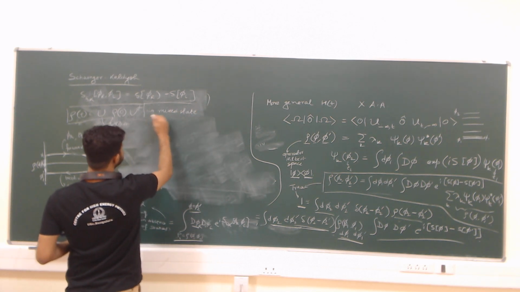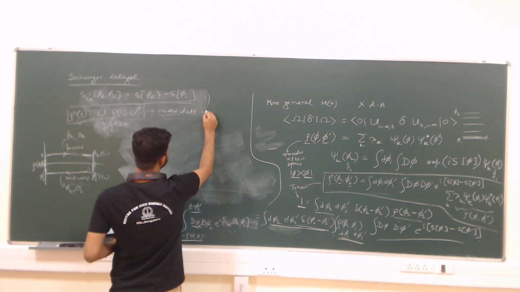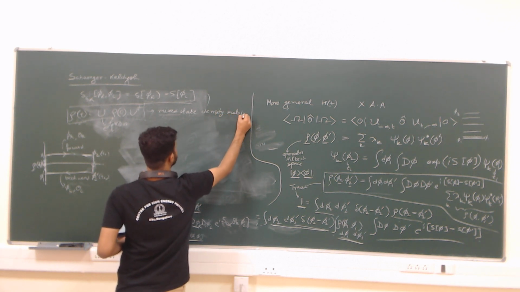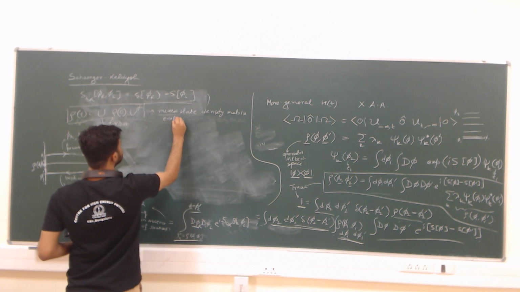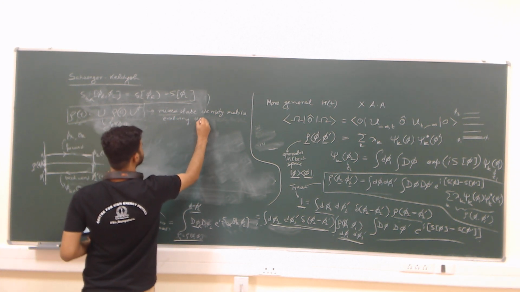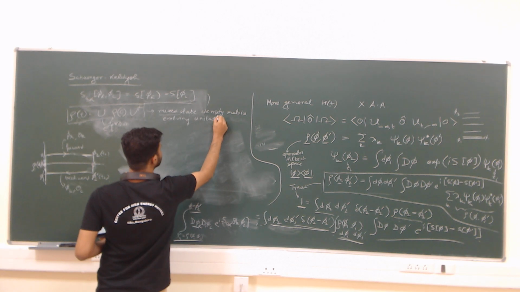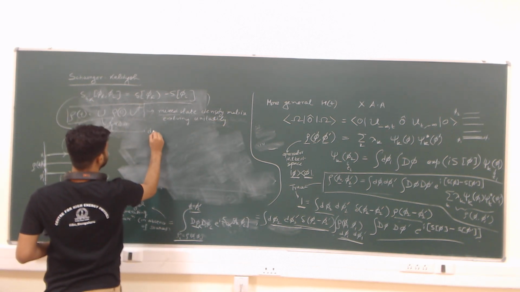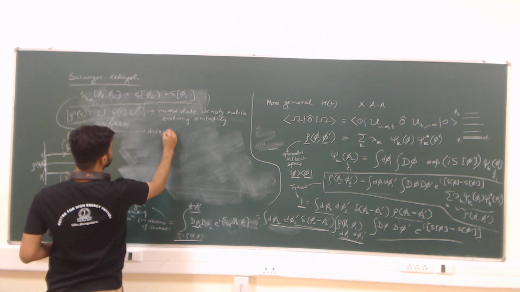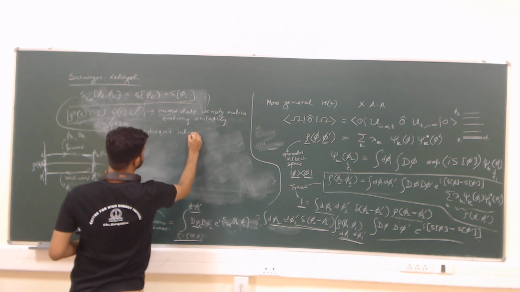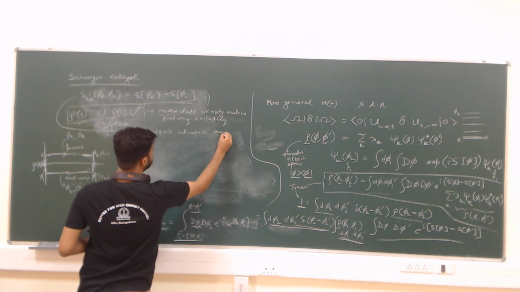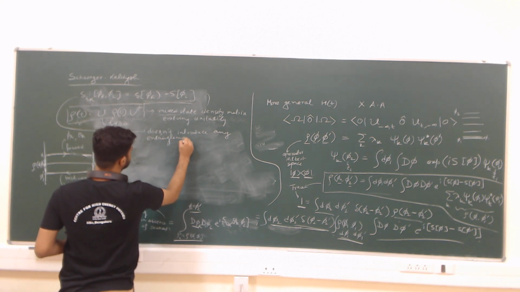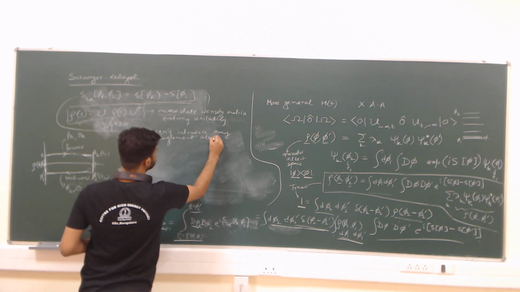It is valid for a pure state density matrix as well as a general mixed state density matrix, evolving unitarily. So this process does not introduce any entanglement along the evolution.